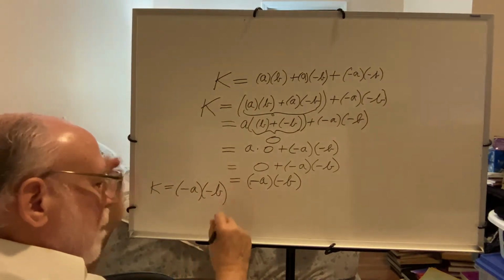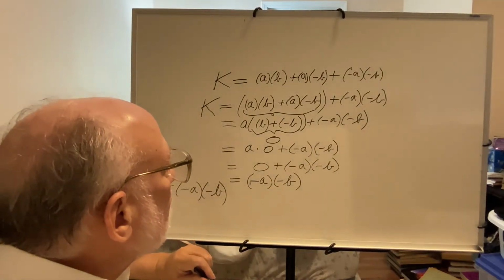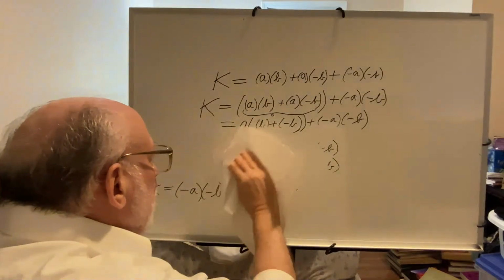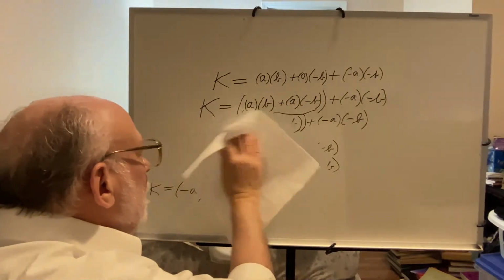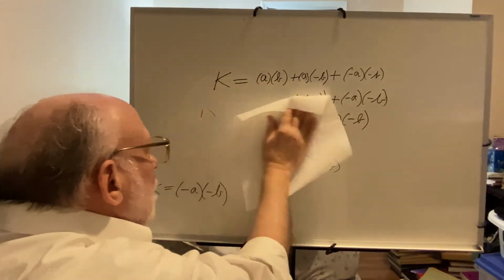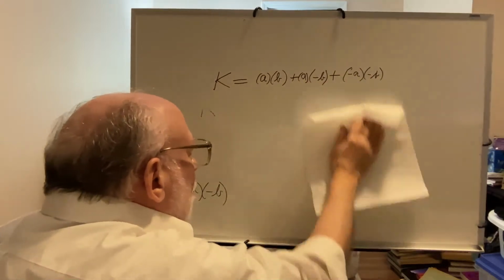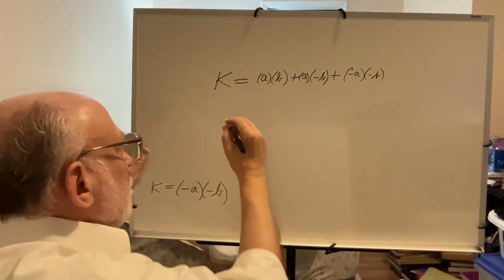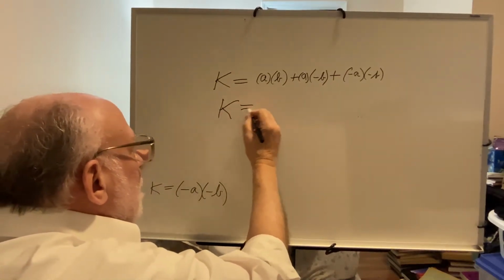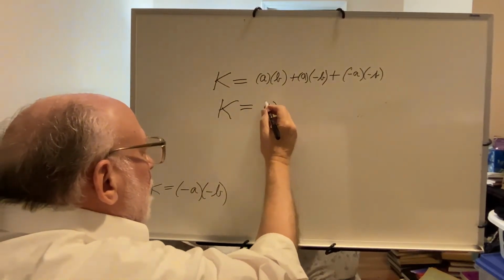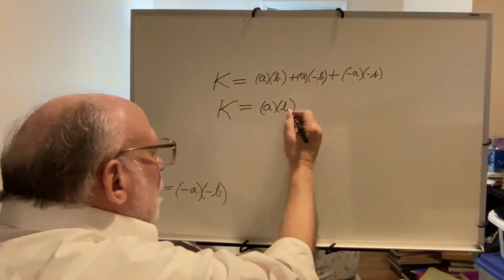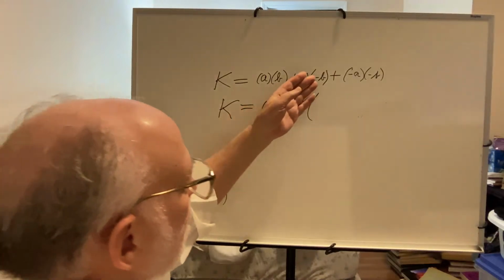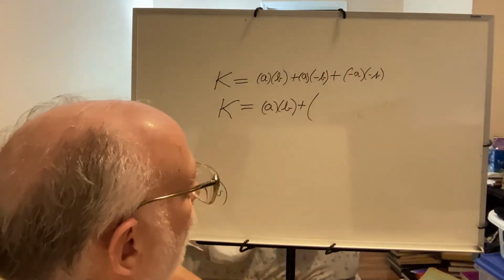Now, we compute what K could be in another way. In the other way, K is equal to A times B plus, now we're going to add the second and the third term together first.